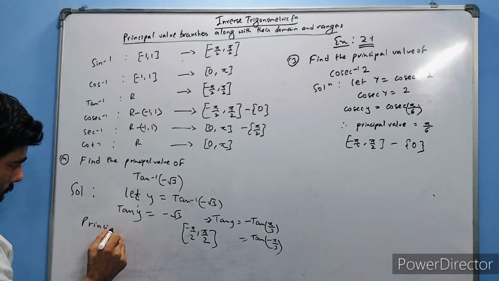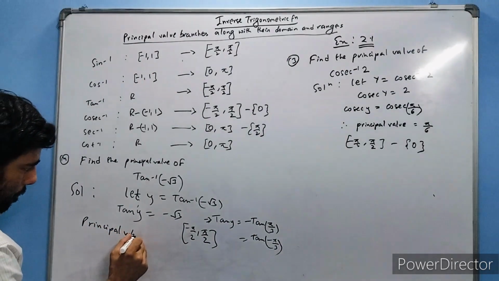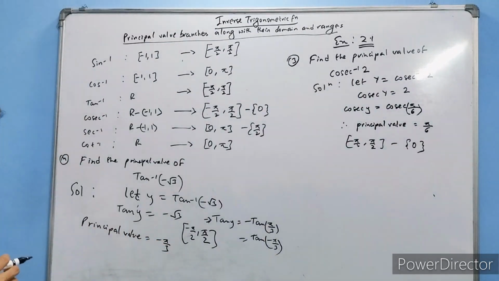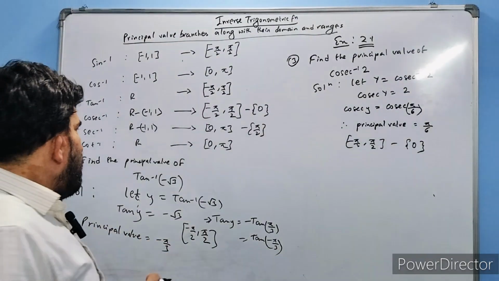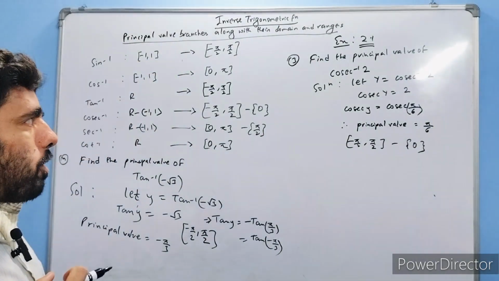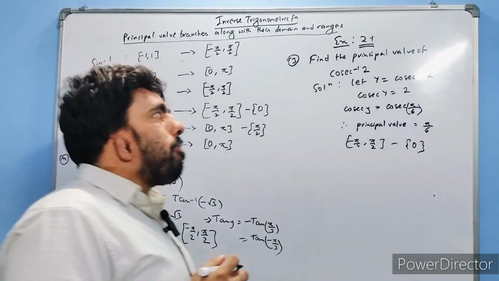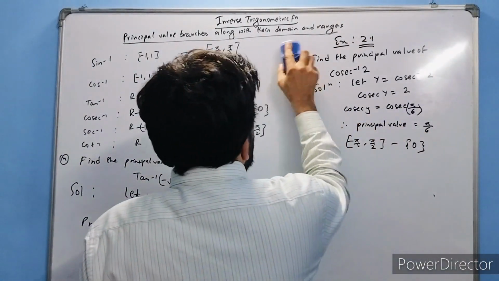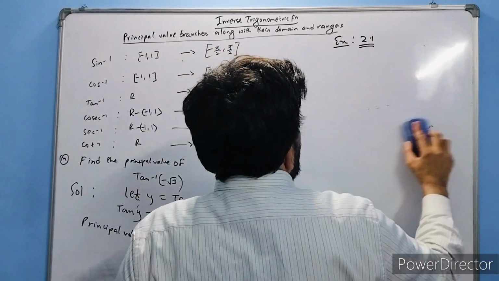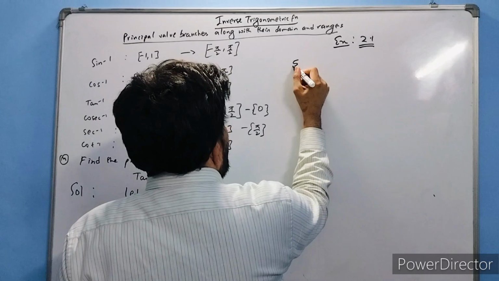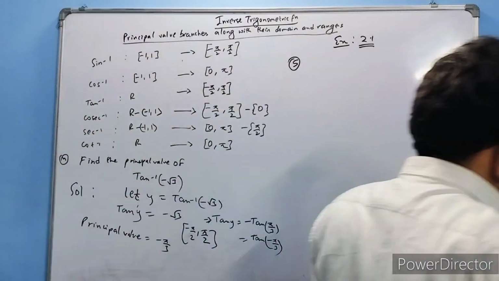So that is how we are able to find the principal value of such inverse trigonometric functions. Let us try to solve the fifth question now.